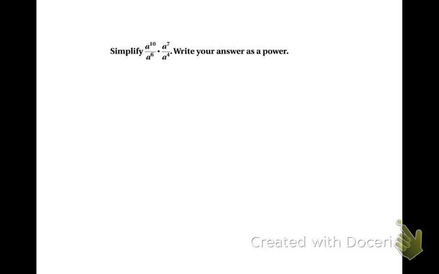In example 3, you're asked to simplify a to the 10th over a to the 6th times a to the 7th over a to the 4th and write your answer as a power. So you could look at each one as really a fraction with a base that is the same.